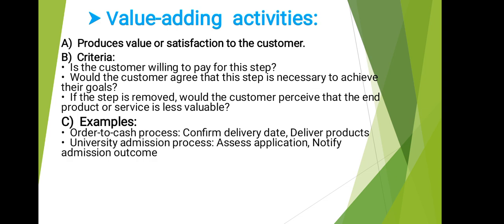That is, the customer is not being attracted anymore because the customer is interested. So we have to look at the customer's interest. So this step, is the customer willing to pay for this step? Yes, the customer is willing to pay for that step.